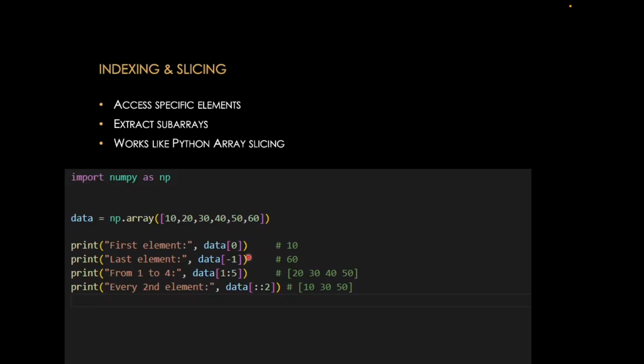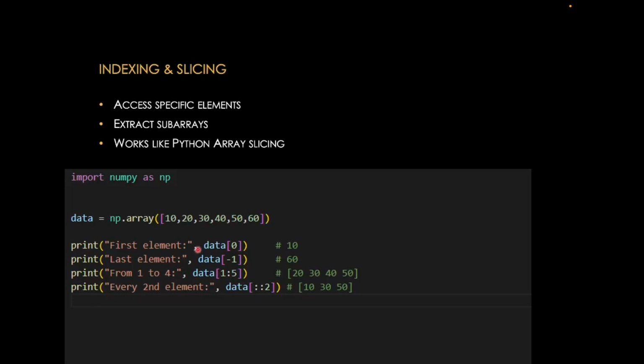We can print a range of elements by providing the range. For example, we say 1:5, so it will print the elements with index 1 up to 4. The end index is not included.